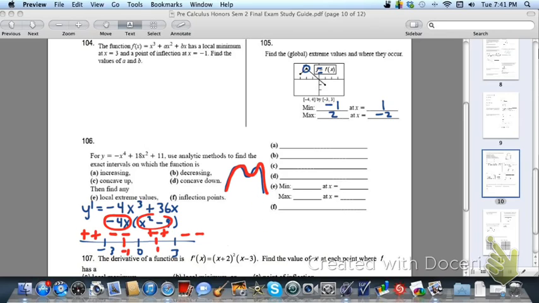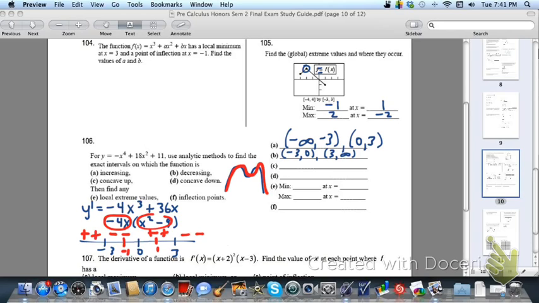So we know that it's increasing, and so we can fill in these details over here: increasing from negative infinity to negative 3. It's also increasing between 0 and 3, decreasing between negative 3 and 0, and also decreasing from 3 to infinity.